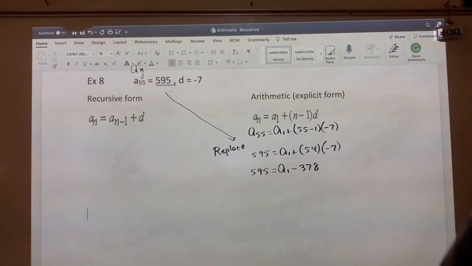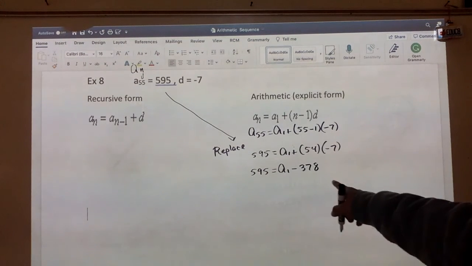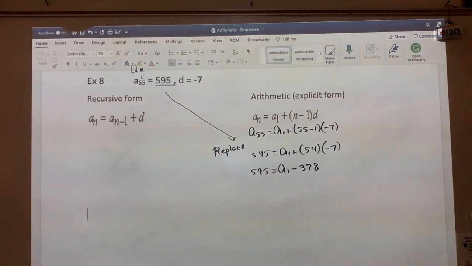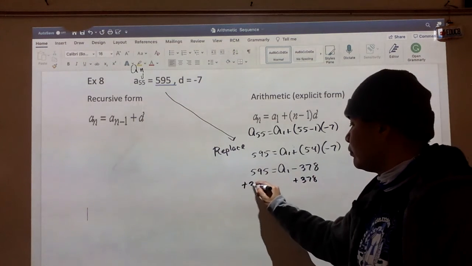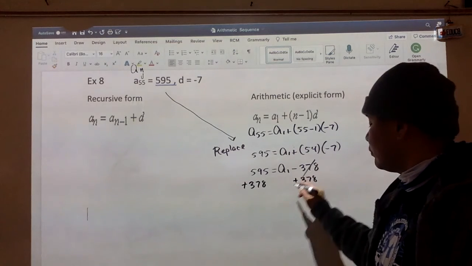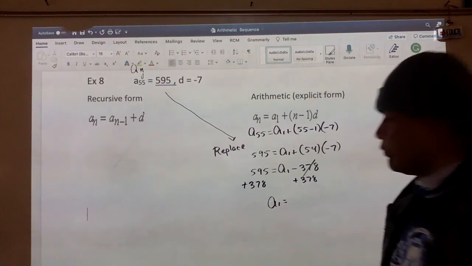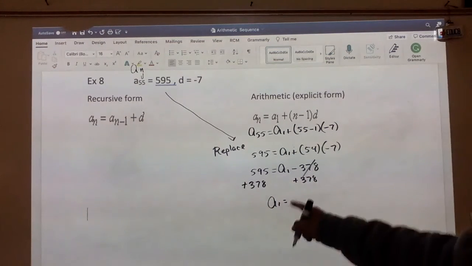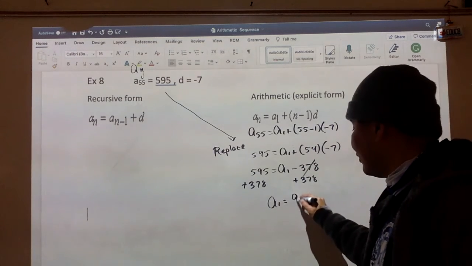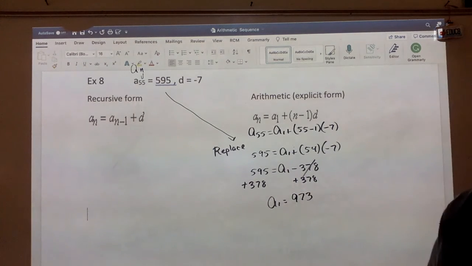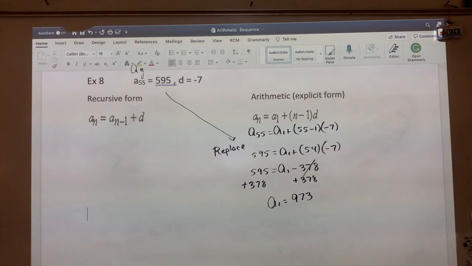This became an equation. Now, in order to get rid of that negative 378, I do the opposite, which in this case is addition. A1 equals the addition of those two numbers, 973.